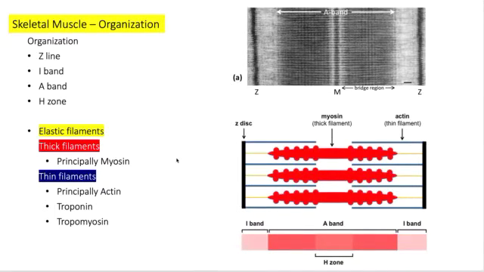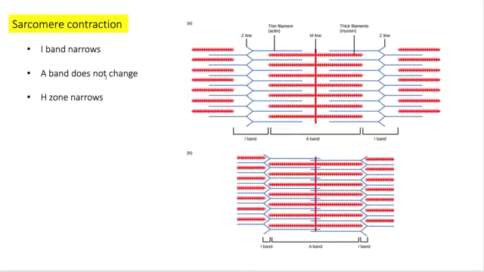All right, moving on. So with respect to those bands, you want to remember this: the I band narrows. The A band does not change, because the A band is really defined mostly, as far as color goes, by the thick filament, which does not change in size.